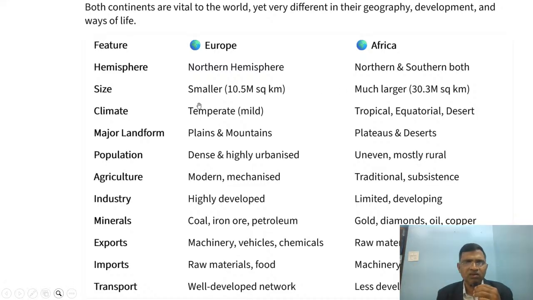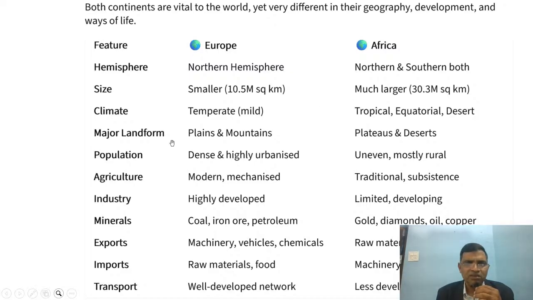Then size: Europe is smaller, only 10.5 million square kilometers, while Africa is more than double, much larger, at 30.3 million square kilometers.